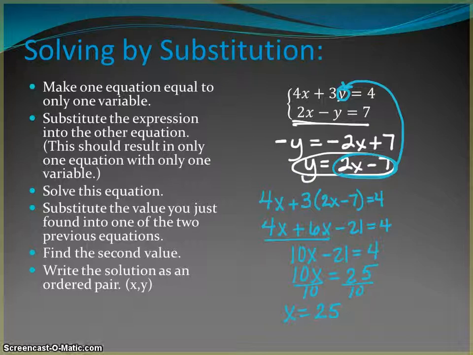So what we'll do is we will substitute that back in. y equals 2 times 2.5 minus 7, and we will calculate that out to be 5 minus 7 is -2. So I will end up with a solution in my ordered pair form of 2.5 comma -2. This would be the point where these would cross.